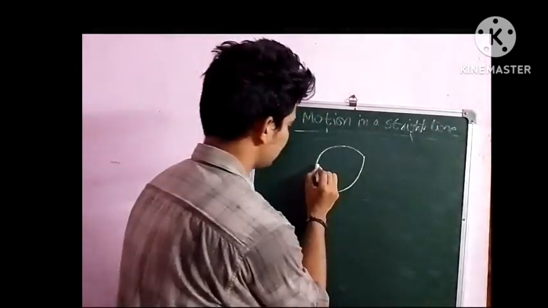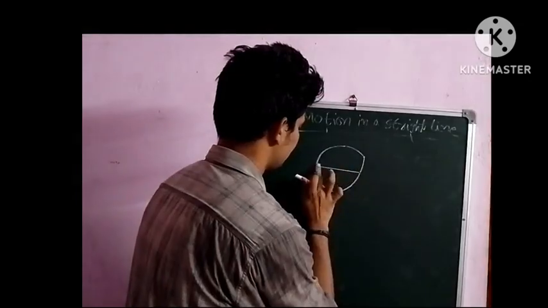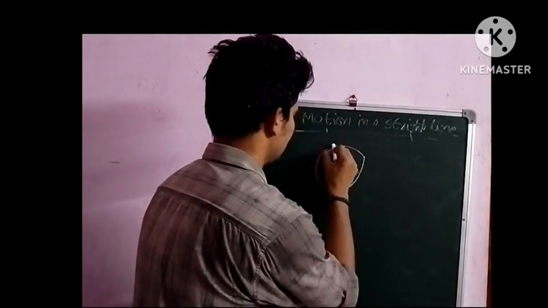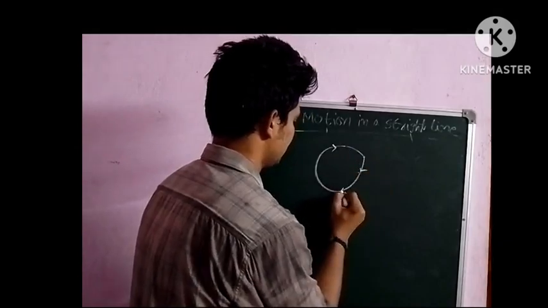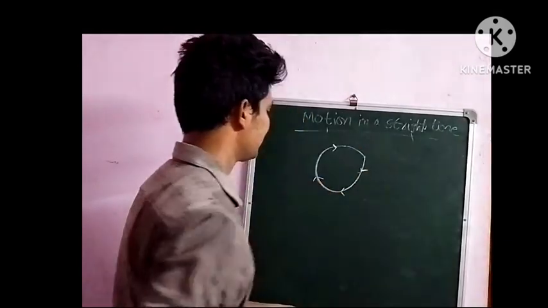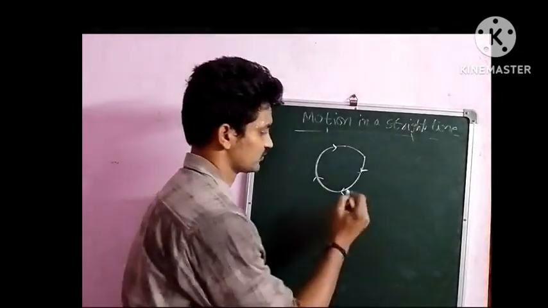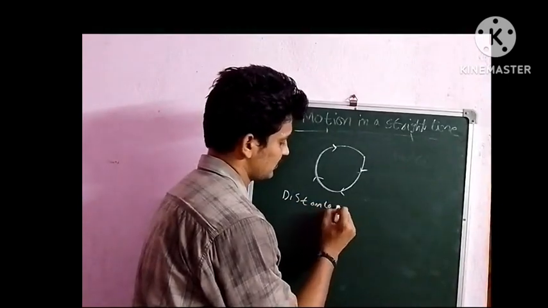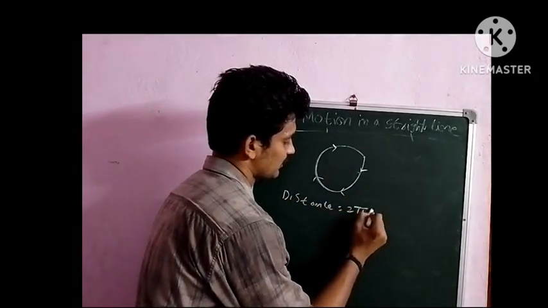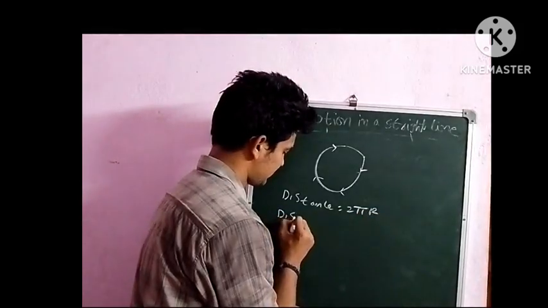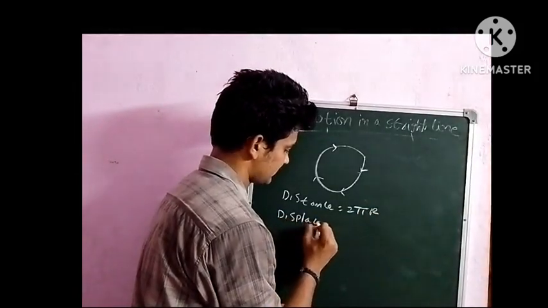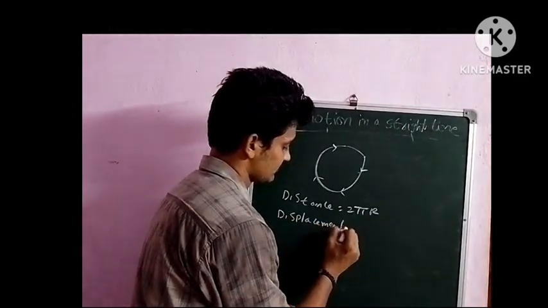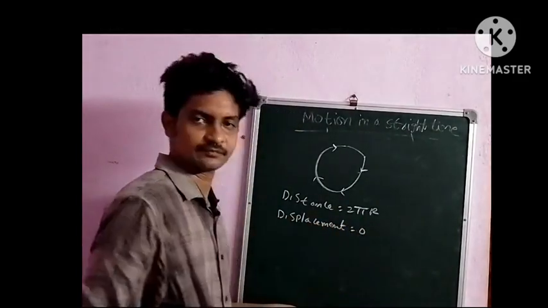And another example. This is the circle. Okay, this is the direction in which the object moves. What is the distance, guys? 2 pi r. What is the displacement? 0.